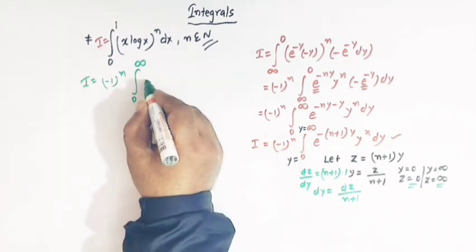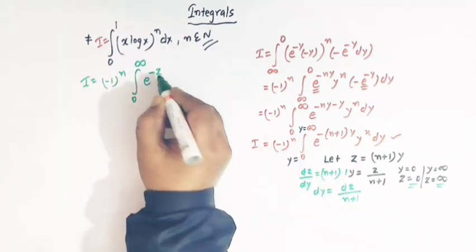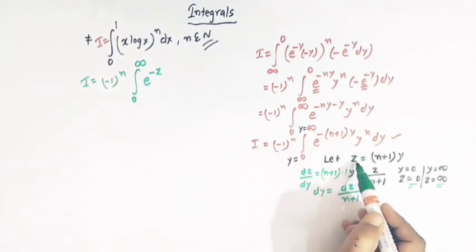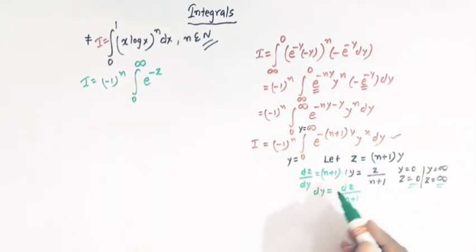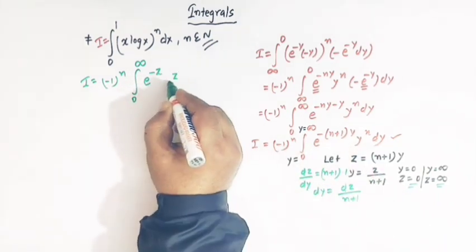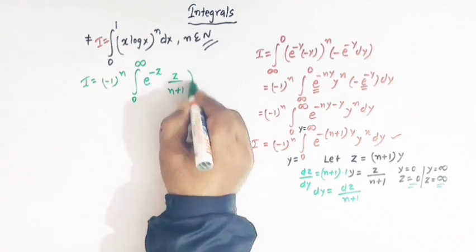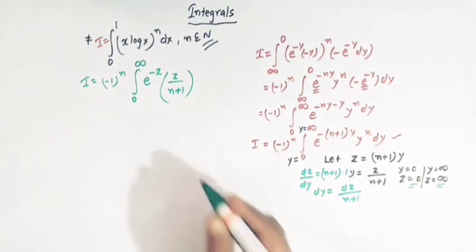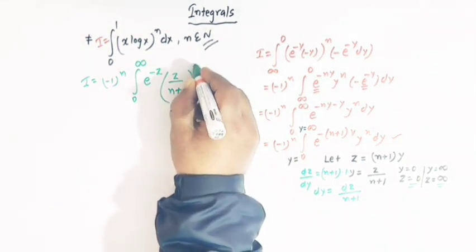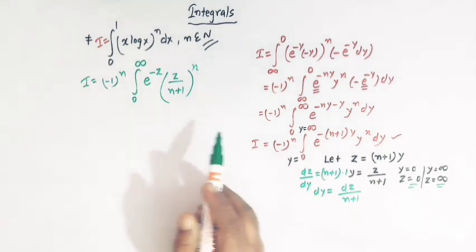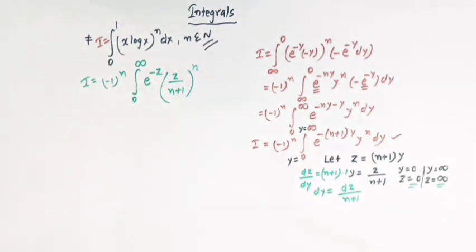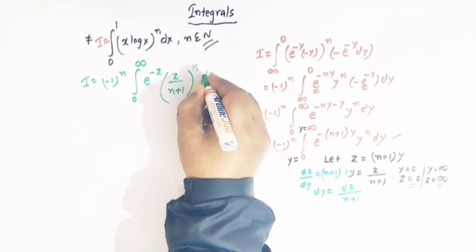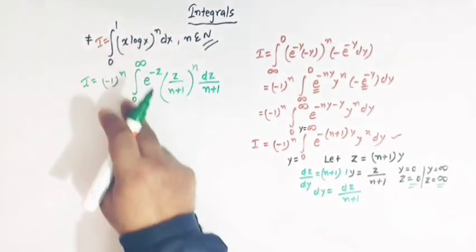And here we have e raised to minus z, since n plus 1 times y is z, and y can be replaced by z over n plus 1, and here we have the power n, right? And dy can be replaced by dz divided by n plus 1, right? So now we have this integral.